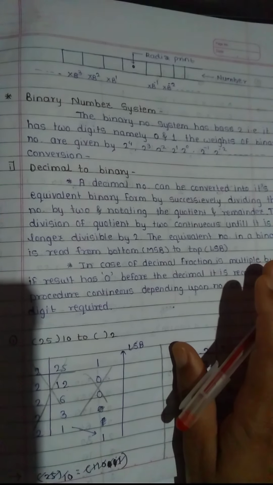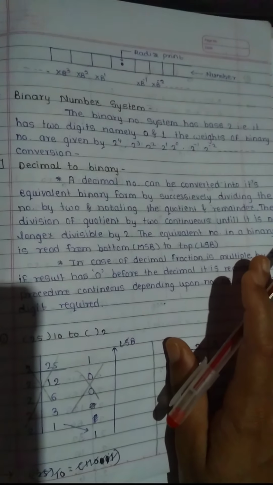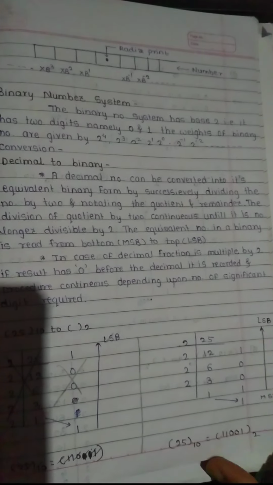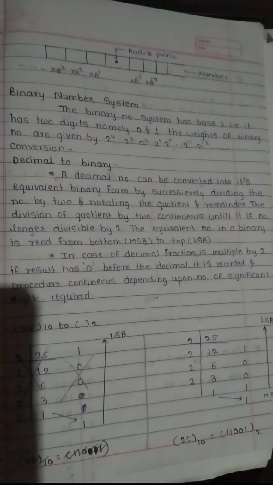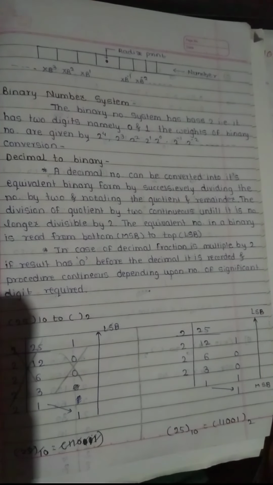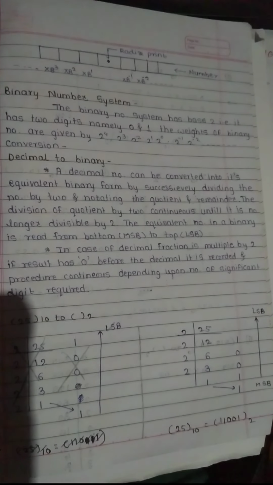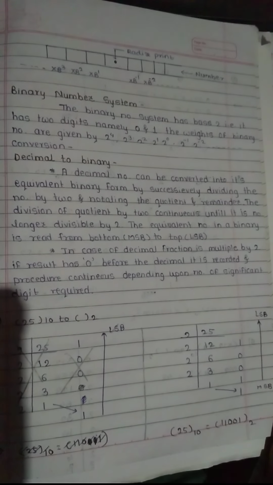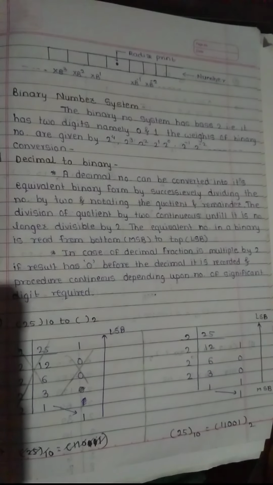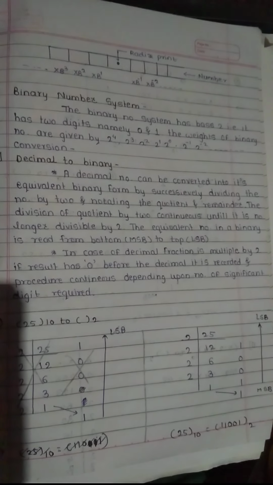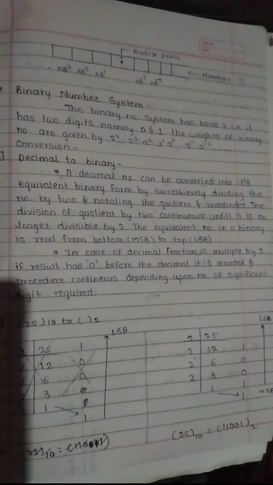Now the first conversion in the binary number system is decimal to binary. A decimal number can be converted into its equivalent binary form by successively dividing the number by 2 and noting the quotient and remainder, and dividing the quotient continuously by 2 until the number is no longer divisible by 2.